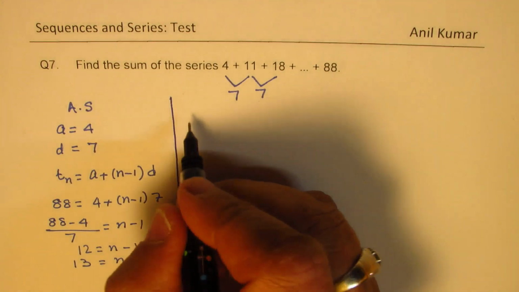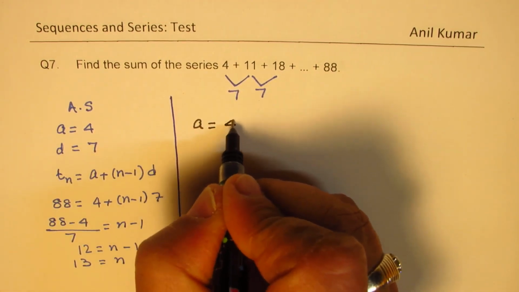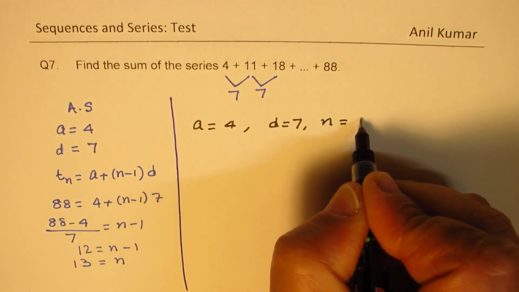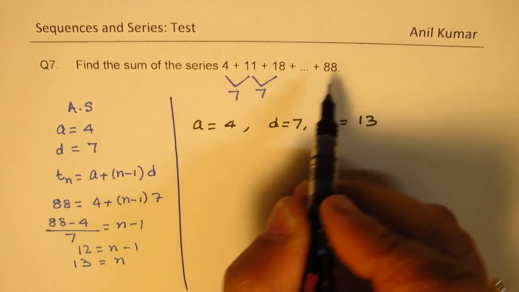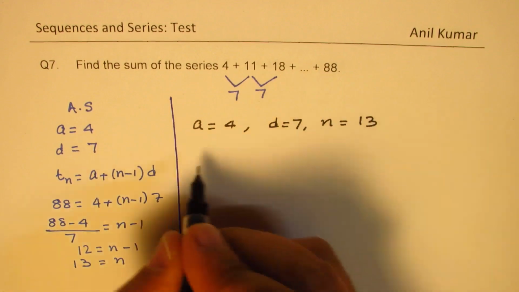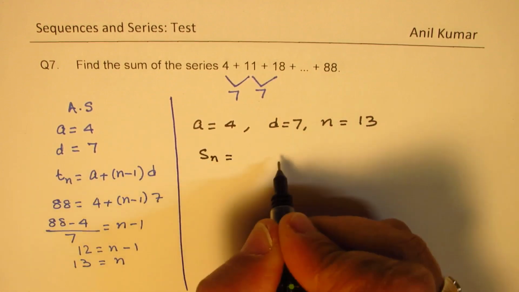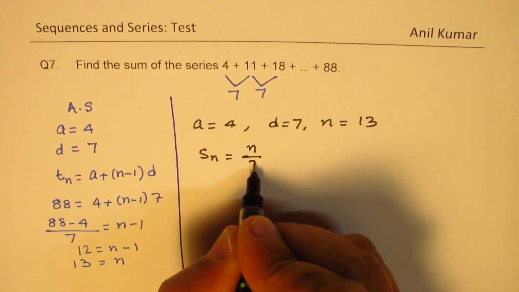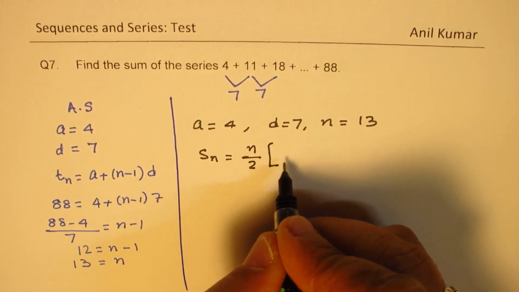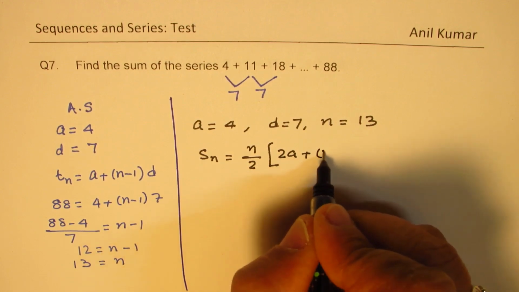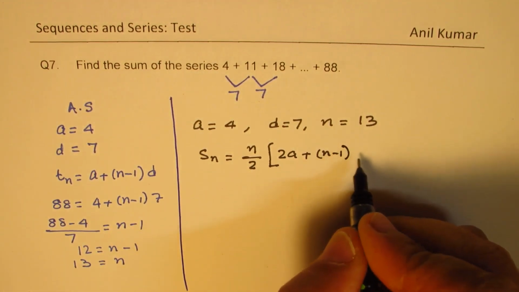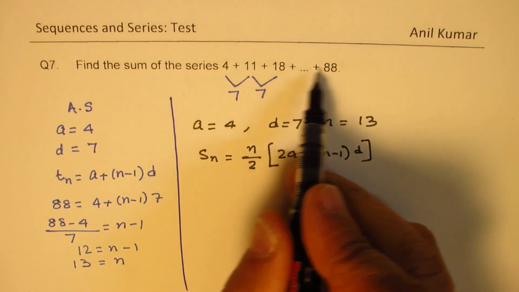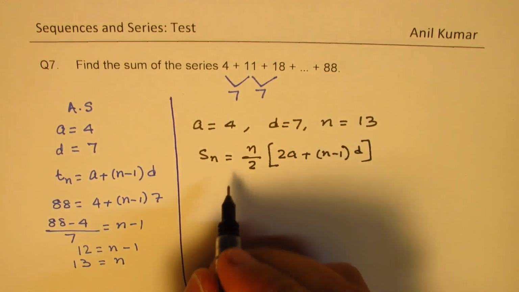Correct? So we know all our parameters now. That is to say that A is equal to 4, D is equal to 7, n is equal to 13, and we need to now find the sum of the series. The formula for the sum of an arithmetic series is n over 2 times 2a plus n minus 1 times d. You could also use t1, and we'll use the alternate formula also to find this, correct?